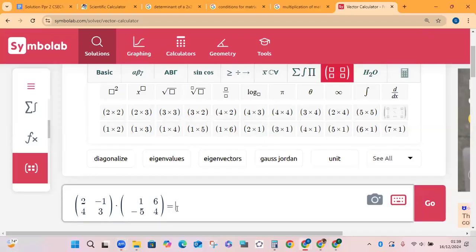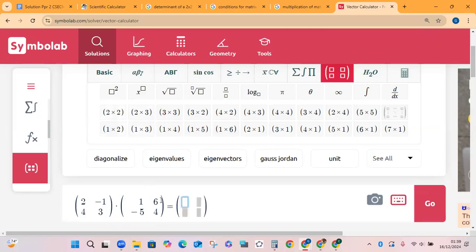So here, we know the answer is going to be a 2 by 2. Okay, so here we are going to demonstrate Q times R. So row times column. So it's the 2 times that 1 there plus that -1 times that -5 to give us the first element.